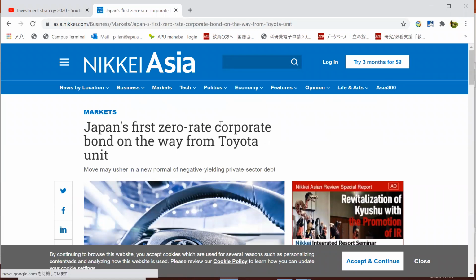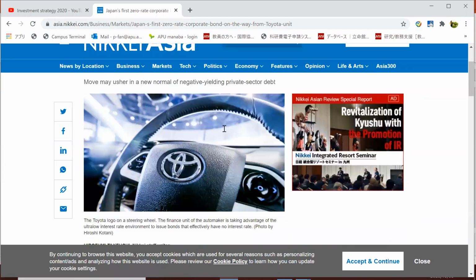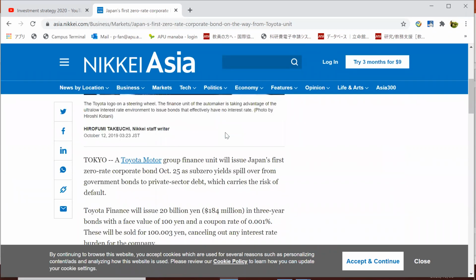We know that a company can issue both coupon bonds and zero coupon bonds. And Toyota issued a bond last year on October 25th. They tried to issue a zero-rate coupon bond.